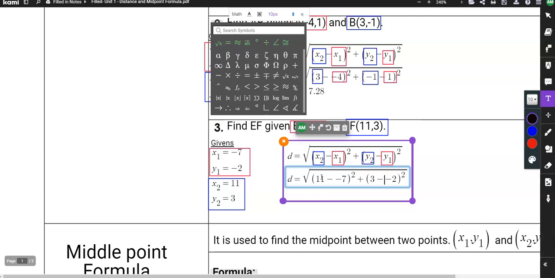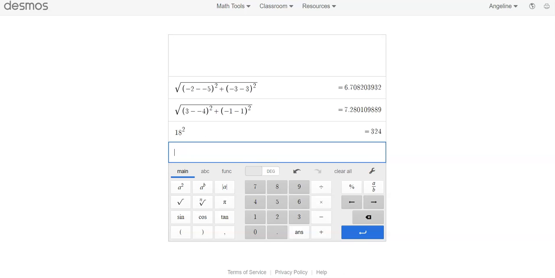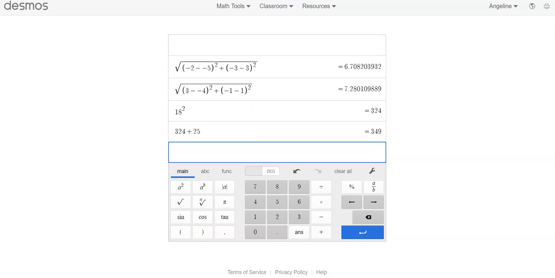So we have 11 minus negative 7 is 18. Then we have to do 18 squared, and then we have 3 minus negative 2, which is 5. 5 squared is 25. So 18 squared, which of course I don't know off the top of my head, 324. We're going to add the 25. And then we're going to take the square root of that number. So that's the square root of 349.